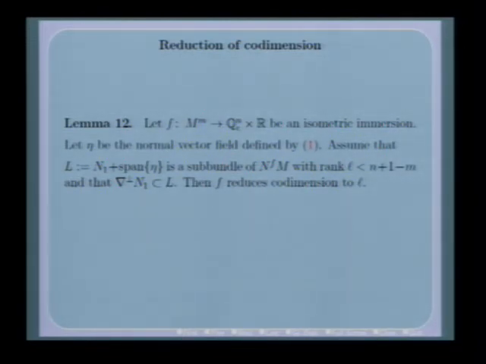In the case of space forms, of course, the usual condition for a submanifold to reduce codimension is that this first normal bundle, which is the subbundle of the normal bundle spanned by the image of the second fundamental form, be a parallel vector subbundle of the normal bundle. In this case, we just have to add this vector field eta, which is the normal component of the unit vector field spanning the vector R. So except for that, the result is pretty much the same.